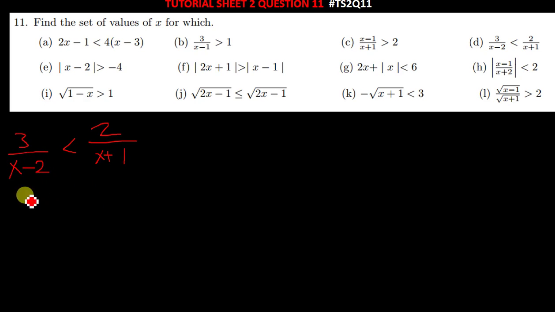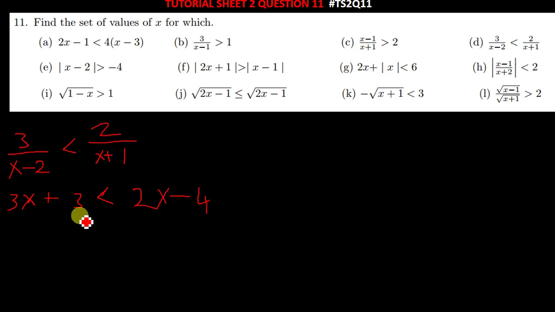So when you cross multiply, you have 3x plus 3 being less than this 2 times x, there you get 2x and then minus 4.